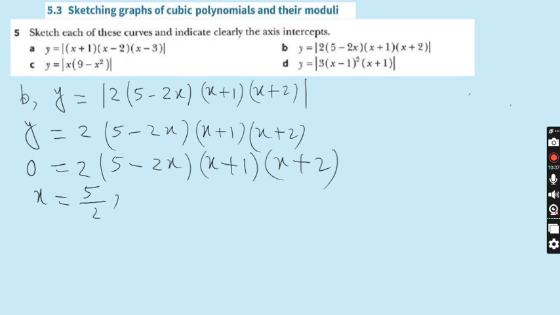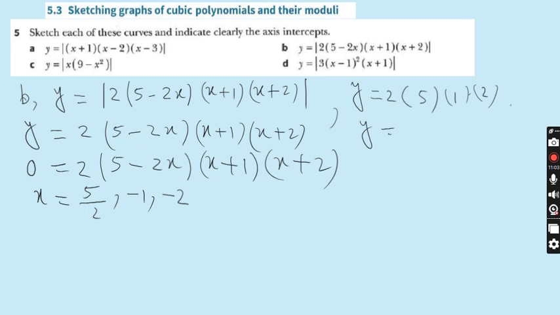Similarly, x plus 1 equals 0 gives you minus 1. Similarly, x plus 2 equals 0 gives you minus 2. Now find the y-intercept. You have to put 0 where you see x. 5 minus 2 into 0 is 5. 0 plus 1 is 1. 0 plus 2 is 2.